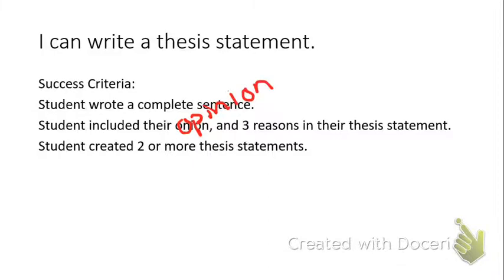And 3 reasons in your thesis statement. So your opinion and your 3 reasons will all be in that one sentence, maybe 2 sentences max, depending on how much you wrote. And that you created 2 or more thesis statements. You'll create some with me, you'll create one on your own, and then you'll even practice creating some later.